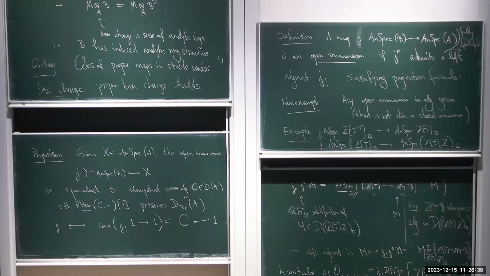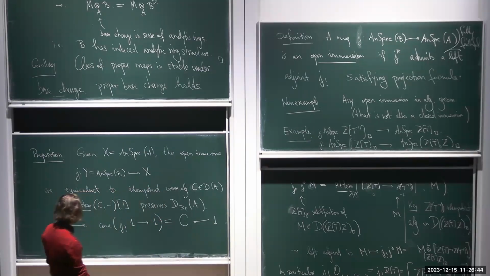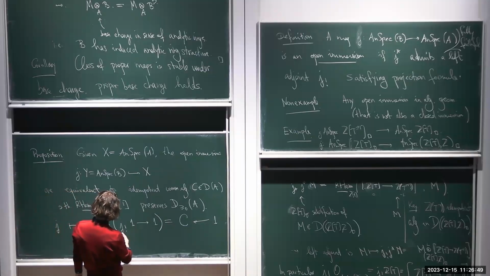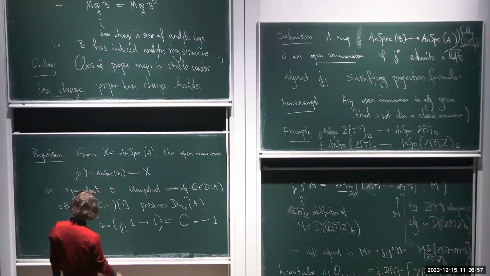You only have to supply the unit, and then you just have to check that when you take this unit and tensor it with C, it becomes an isomorphism. But if you take this map and tensor it with C again, then it's a simple matter of using the projection formula for j lower shriek to see that nothing changes.